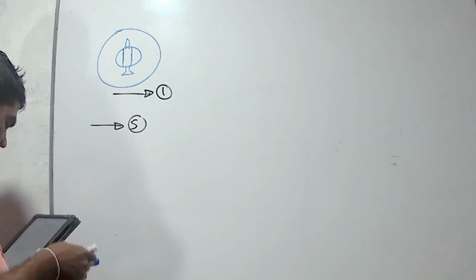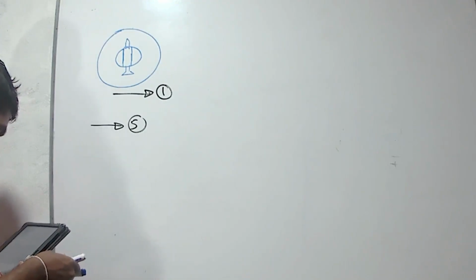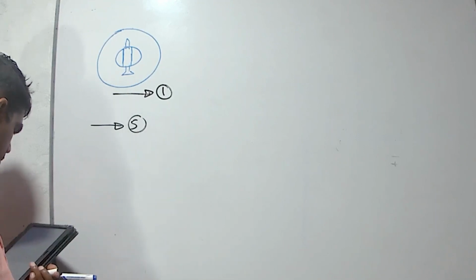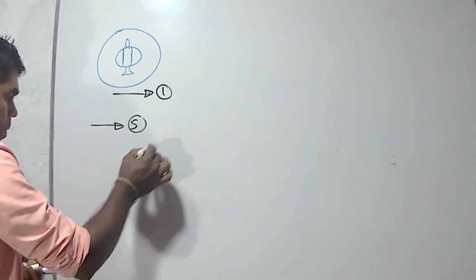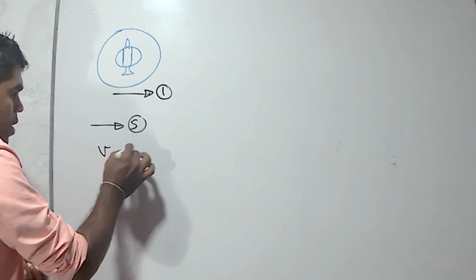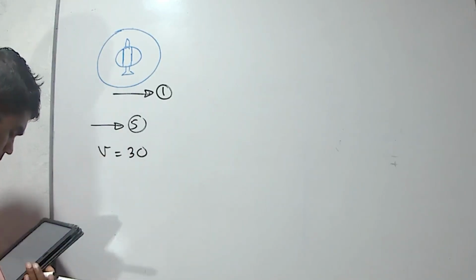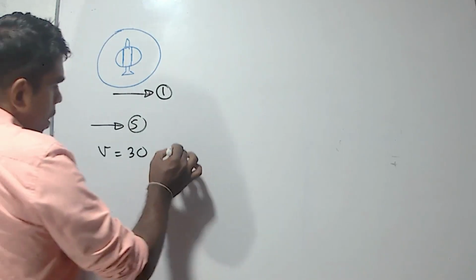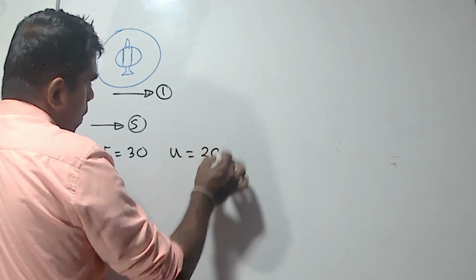For the first condition, they have given that the screen is located 30 centimeters away from the lens. Therefore, the image distance should be 30. And the object at 20 centimeters from the lens means object distance 20.